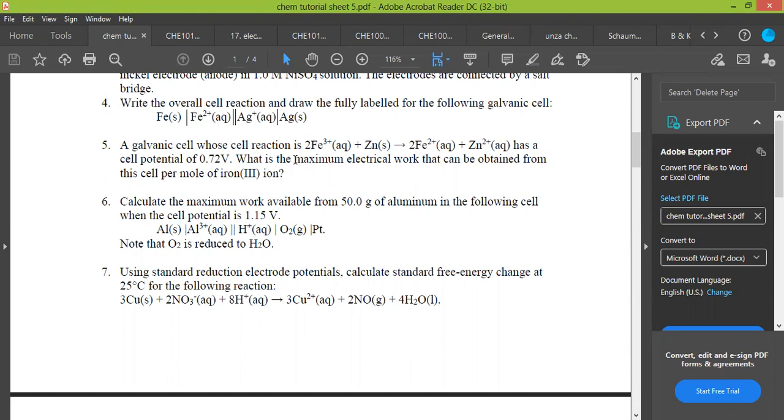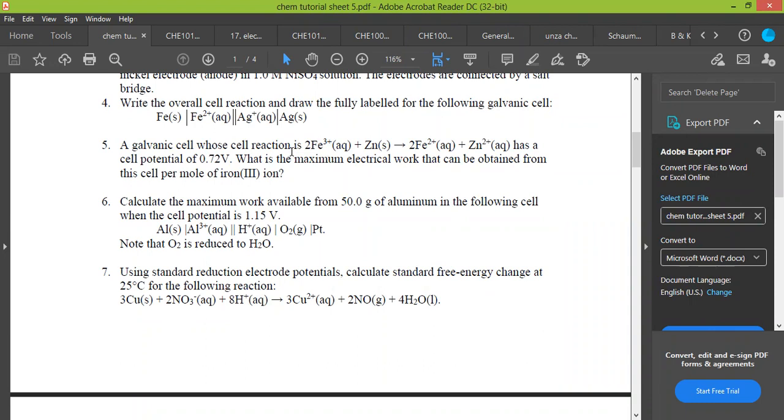So from here now, what you're going to do is you will write the free energy equation. The free energy equation is the same equation that you use when you are calculating work done. At maximum, work done W is equal to G. Okay, at maximum, work done maximum is equal to G max.